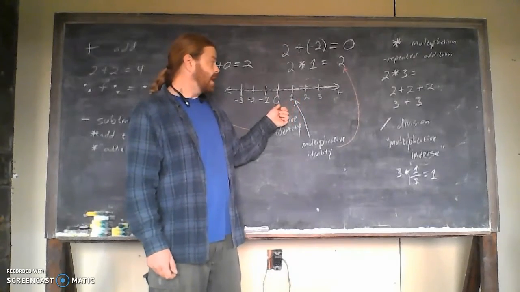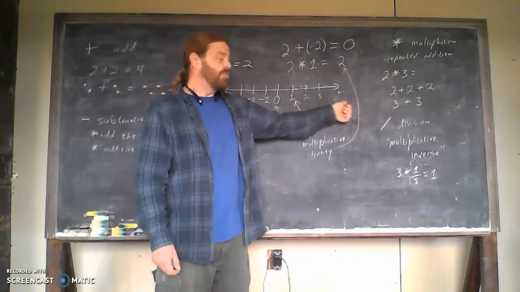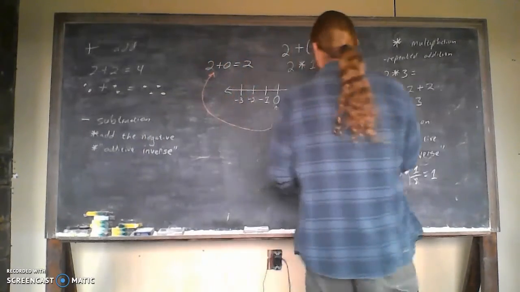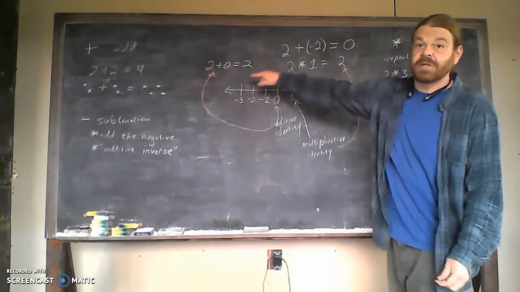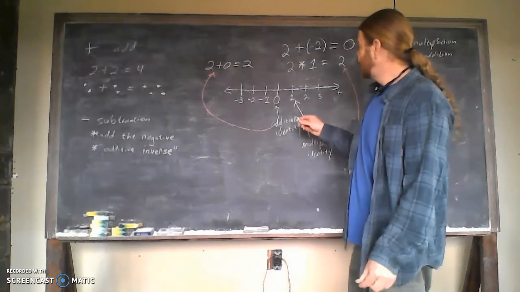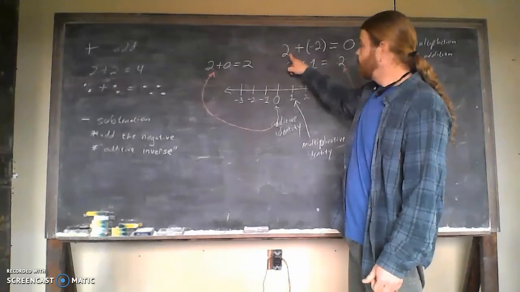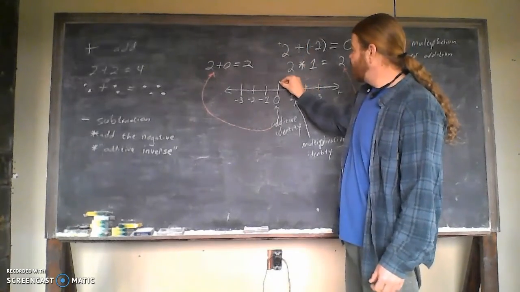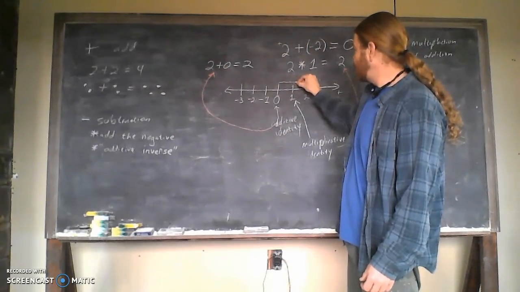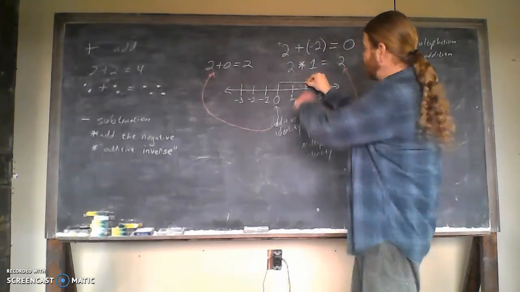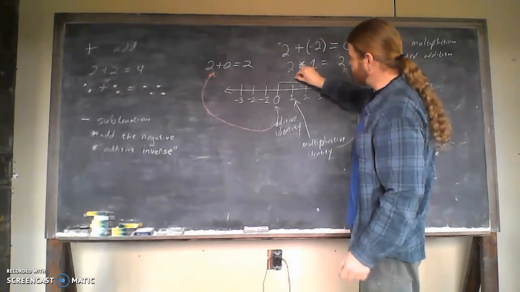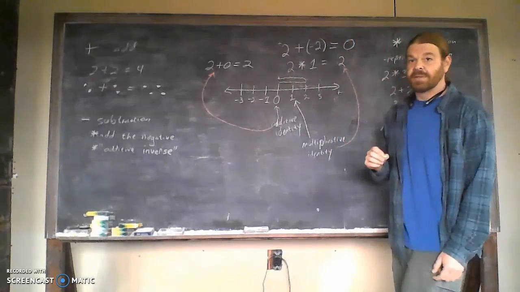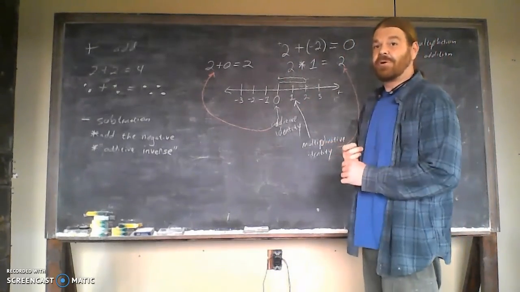So just think we try to move to the right, the positive direction, but a negative turns us around. So like this, positive 2 plus negative 2, we start moving right 2, but then the negative turns us around and we get right back to where we started. So think about that negative as turning around.